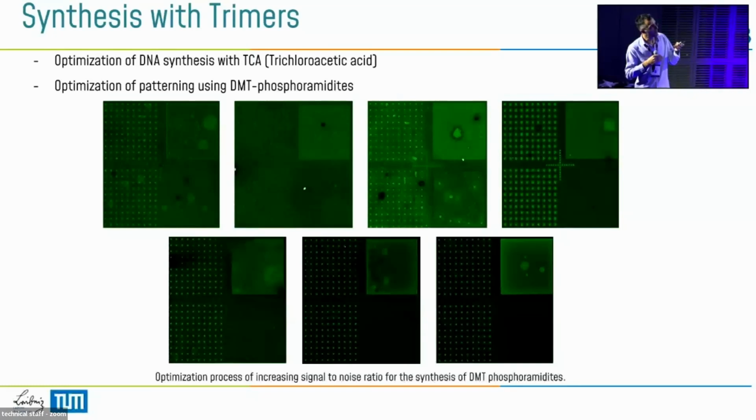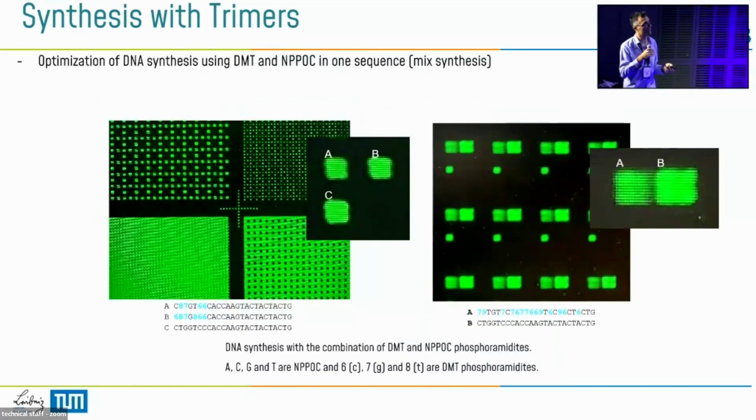The photo is not really clear, but after doing so many optimization syntheses, changing different factors in the synthesis, it's a really multi-step factor, I reached a position where I could have a good signal to noise ratio, and I used that protocol for the further synthesis of trimers.